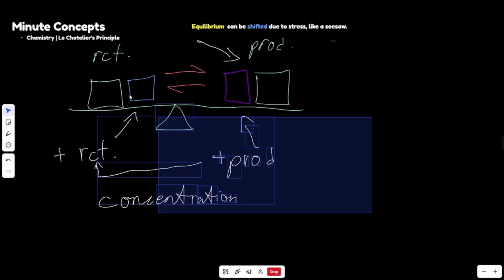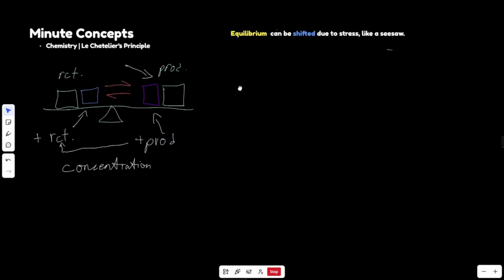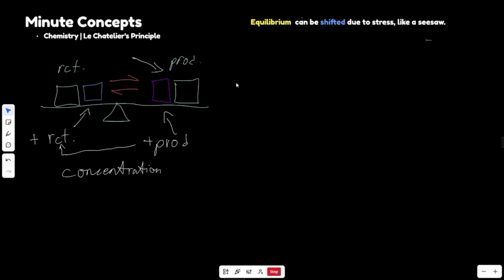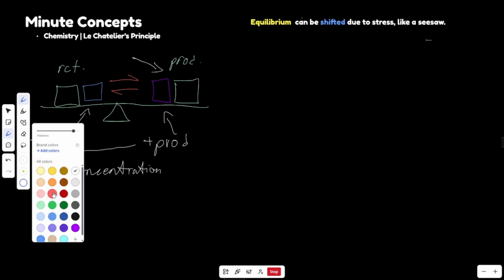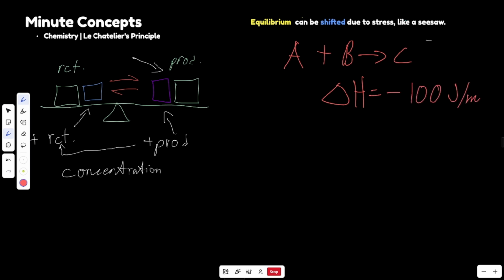We're gonna shrink this just so that we can keep it here on the screen. For heat, it's different, right? So imagine a reaction given by A plus B turns into C, and the enthalpy is negative, let's say negative 100 joules per mole.